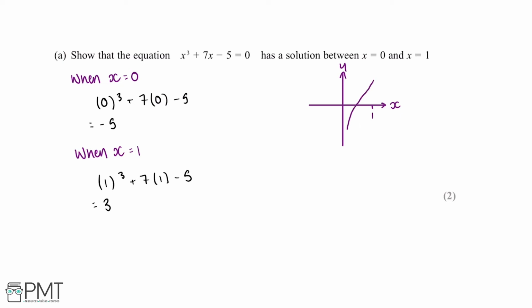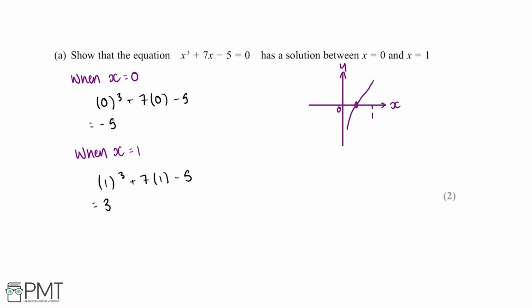And the solution for this equation would be here. And we can see this value is between 0 and 1. So therefore, because one of these values is negative and one of these values is positive, this equation has a solution between x equals 0 and x equals 1.